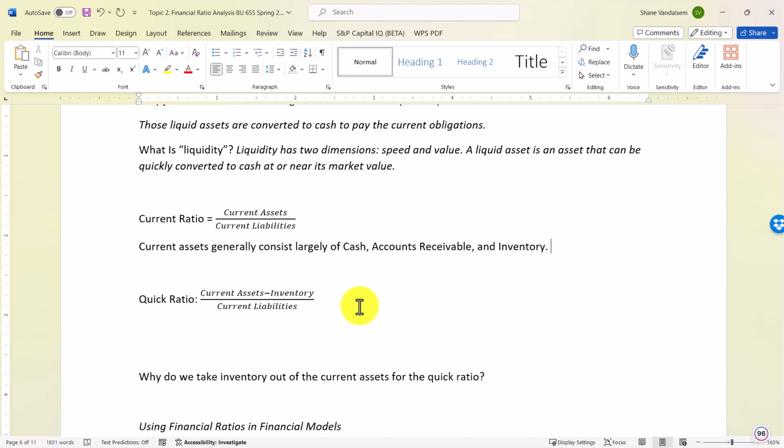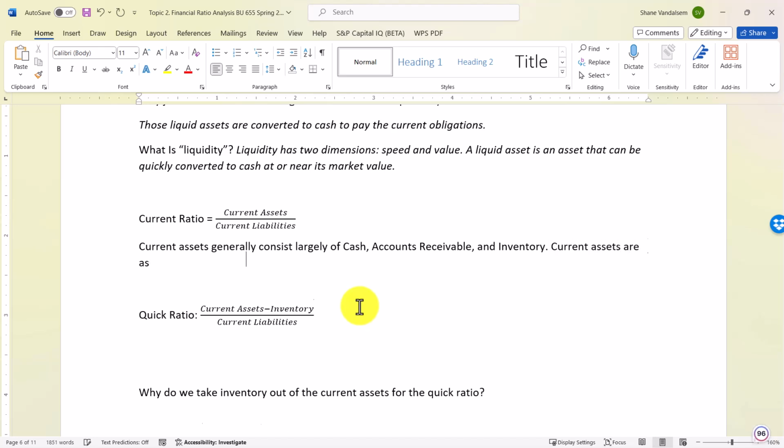Taking you back to the balance sheet, current assets are assets that are expected to be converted to cash within the next 12 months. Current liabilities are liabilities that are expected to be paid or are due within the next 12 months.